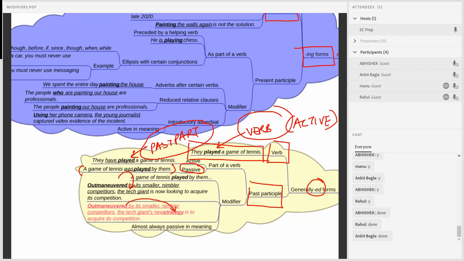All right. So, good job, guys. I think we've got a good handle on participles, recognizing participles, differentiating between participles and actual verbs, right? So, all of this stuff is important. We've also finished a little earlier than I expected, but that's fine.